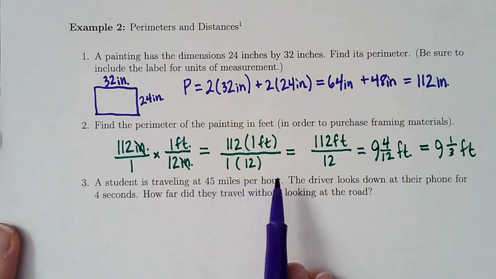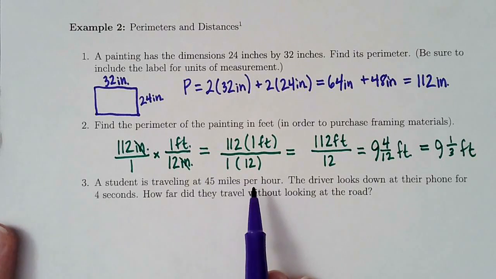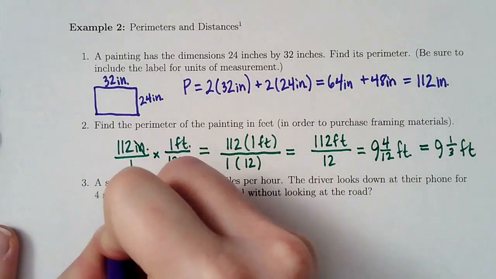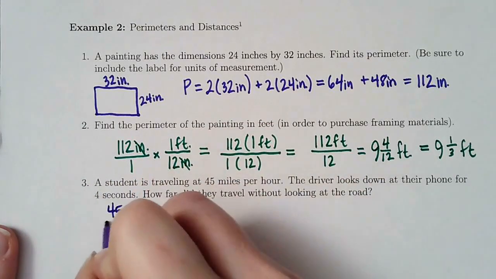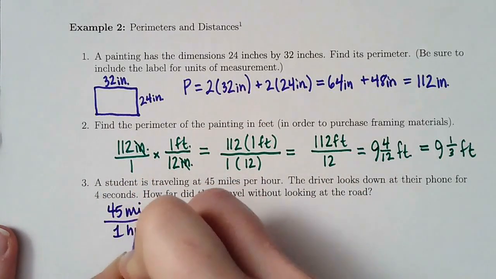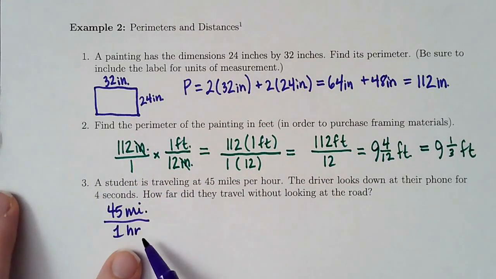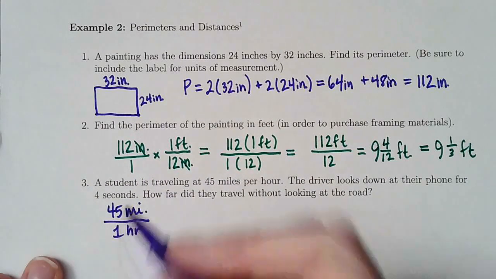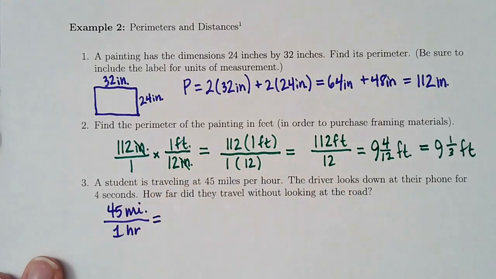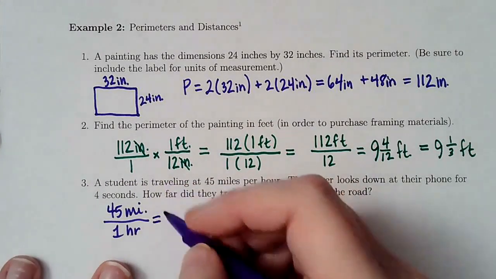So we need to get them to agree. So I'm going to start with 45 miles in 1 hour. And I need this to end up in seconds. How many seconds are in 1 hour?